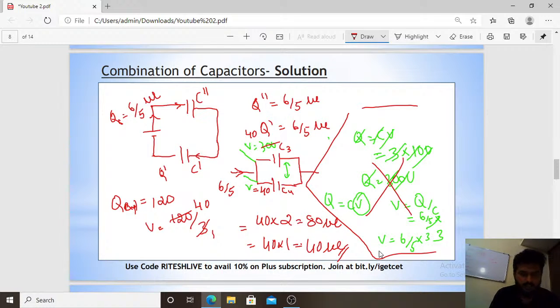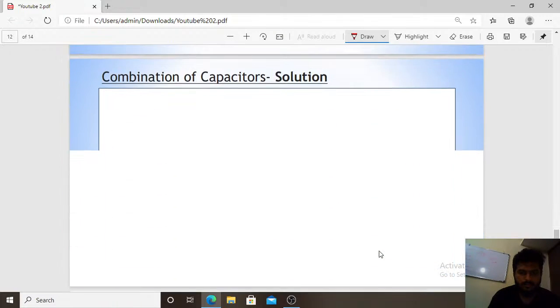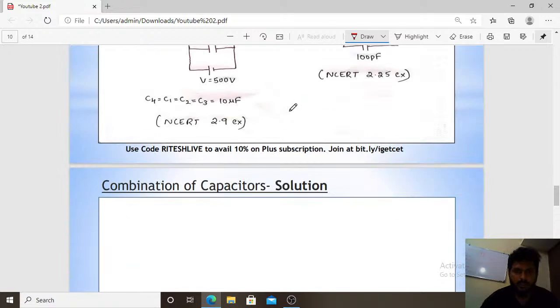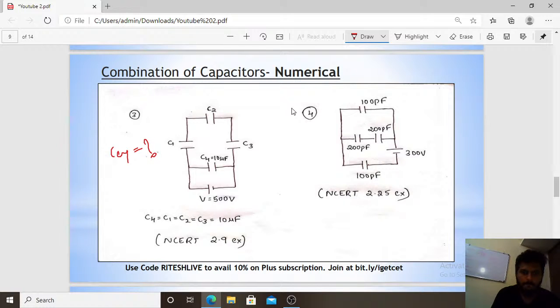Okay, so next we go for another. Go for this first. We have only 10 minutes. Get the C equivalent value here. How much for this? So these three capacitors C1, C2 and C3 are in series, right?